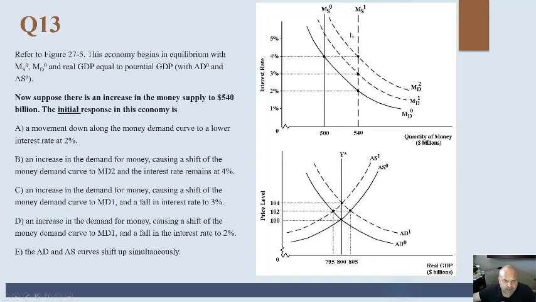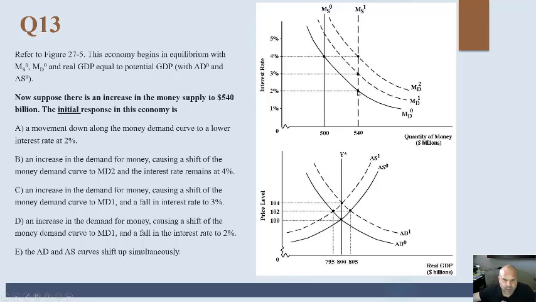Now again, we have this diagram, and now we're told that there is an increase in the money supply to 540. So we have our money supply curve shifting to the right. And so what's the initial response in this economy? So I'll give you a sec to answer. Okay, so if the money supply increases, as indicated here, the new equilibrium in the money market will be where this intersects the money demand curve.